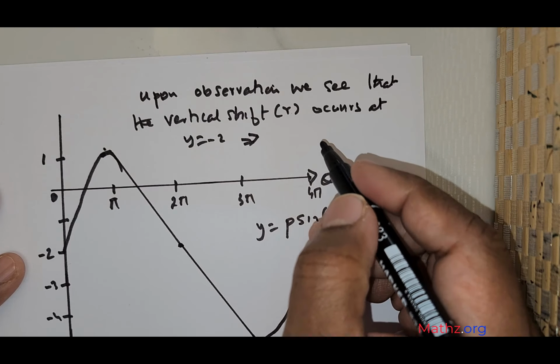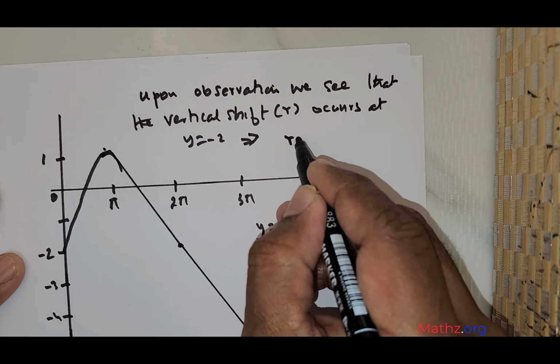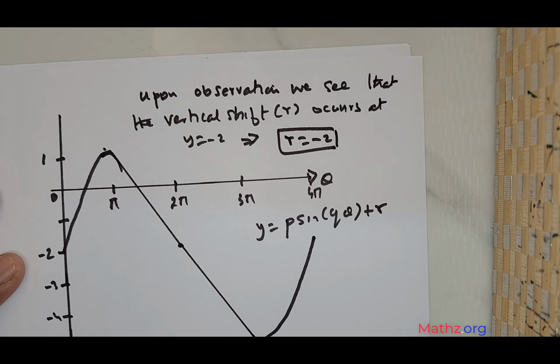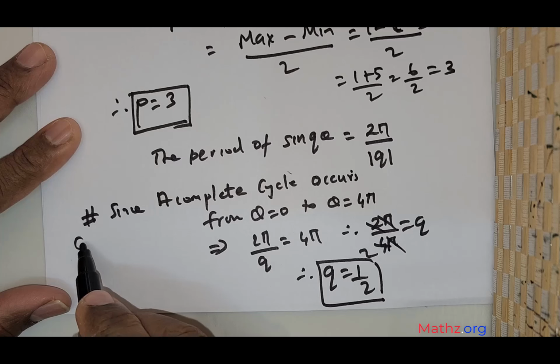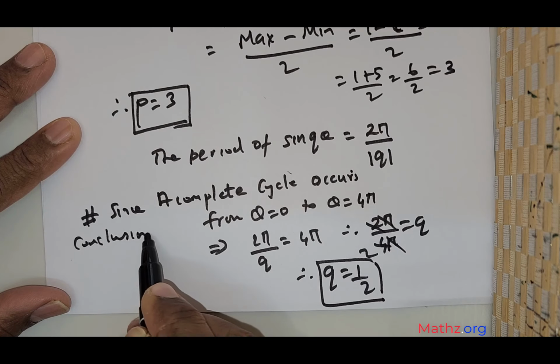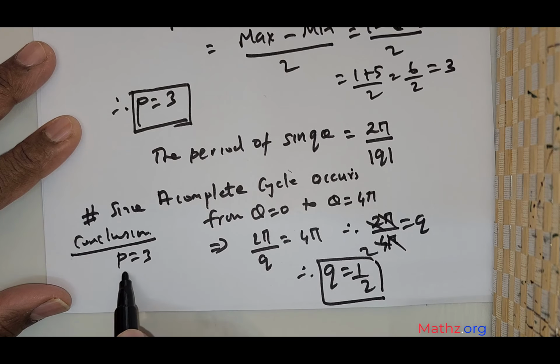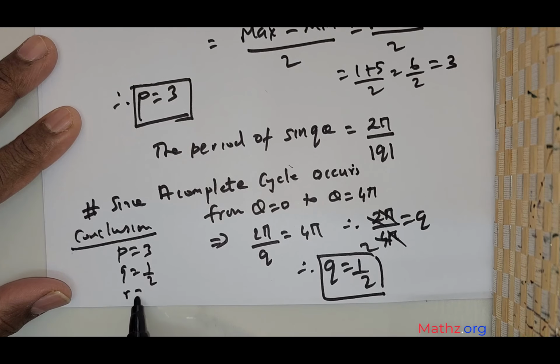So this means R is equal to -2. So final answer, conclusion. So you state the conclusion. What is the conclusion? p is equal to 3, q is equal to 1 over 2, and r is equal to -2. And you place a box there.